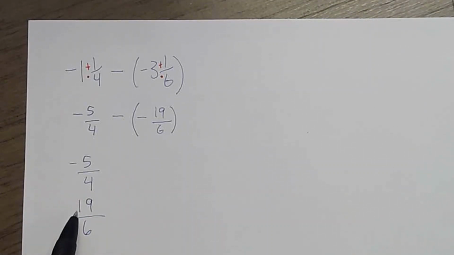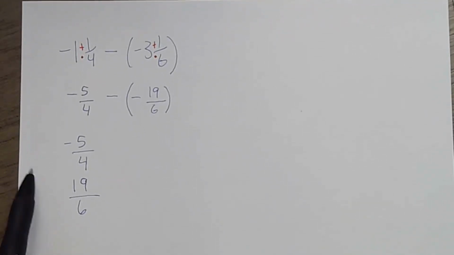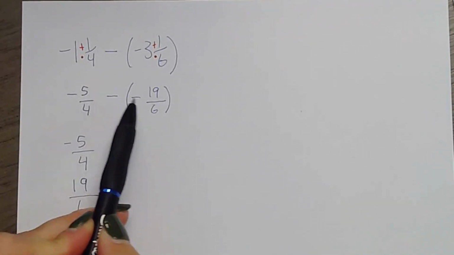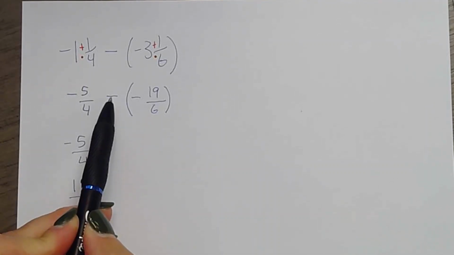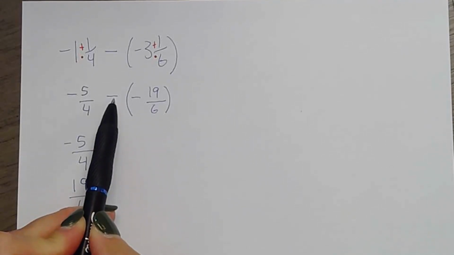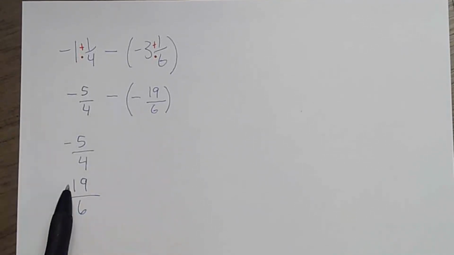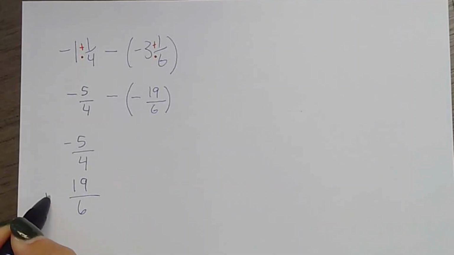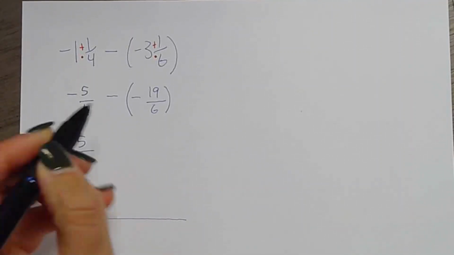I'm also making the 19/6 positive because this is like subtracting a negative. So subtracting negative 19/6, or taking the opposite of negative 19/6, is positive 19/6. So I can leave that as positive. It's going to turn this into an addition problem when I'm done.